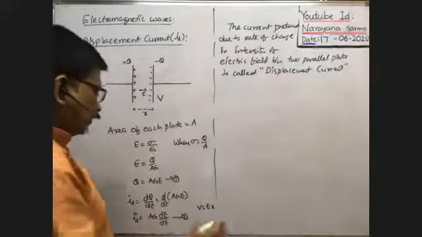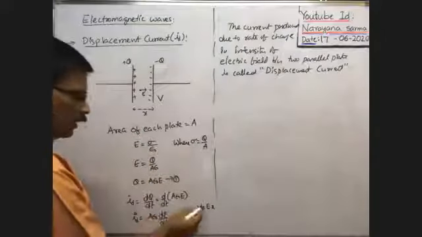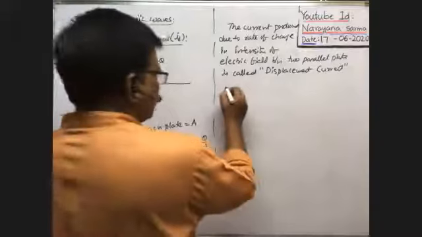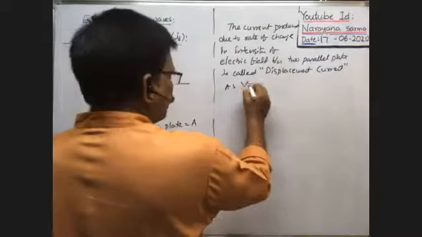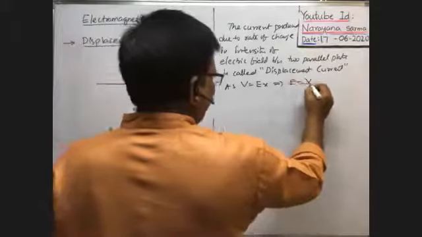Okay, next, from V is equal to E X, instead of E, you substitute V by X. From equation 2, as V is equal to E into X, E is equal to V by X, no?